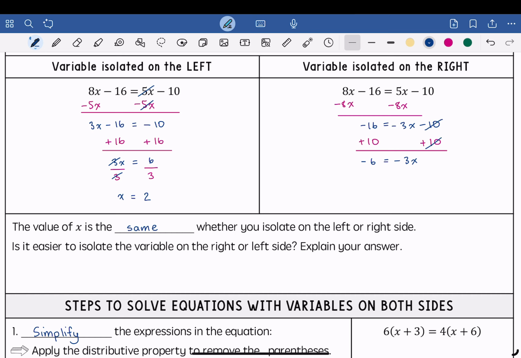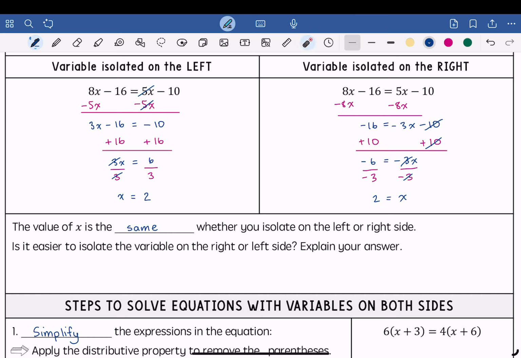And this cancels itself out. To isolate the x here, I'm going to divide this by negative 3. Same on the other side. Therefore, x is equal to negative 6 divided by negative 3 is equal to positive 2.